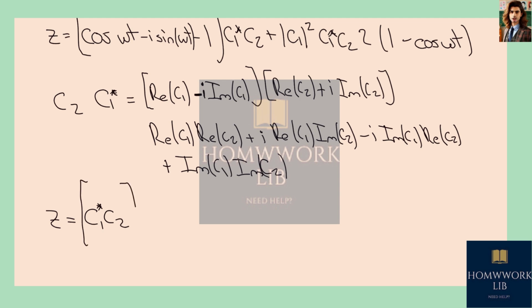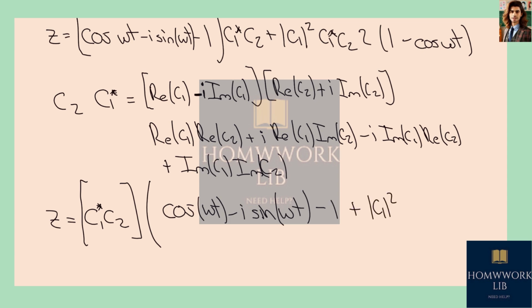And this is going to multiply the very big thing that is going to be cosine of omega t minus I times sine of omega t minus 1, plus, sorry, plus 2 times C1 squared multiplied by the 1 minus cosine of omega t factor.